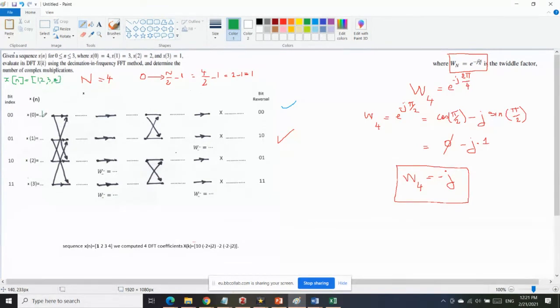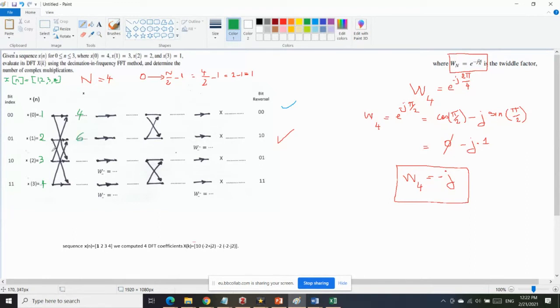Okay, so that means x0 is 1, then 2, 3, 4. So first step, 1 plus 3, 4. And here we have 2 plus 4, 6.